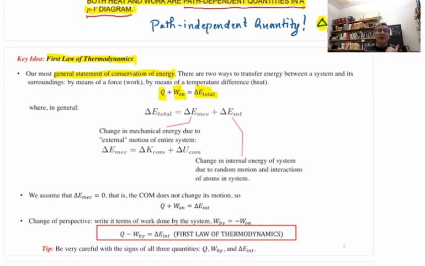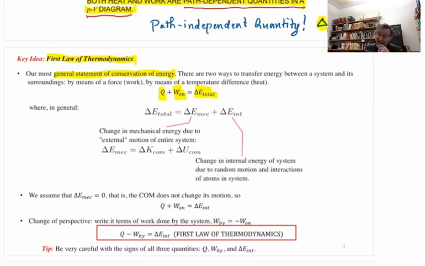Now, it could go the other way. The Q or the W on could be a negative number. If I take out energy from a system by heat, say 2 joules, then the Q is negative 2 joules. But still do 3 joules of work on it, then the W on is 3 joules. 3 plus negative 2, I'll discover a delta E total of only plus 1. It's just a balance. It's kind of like accounting.